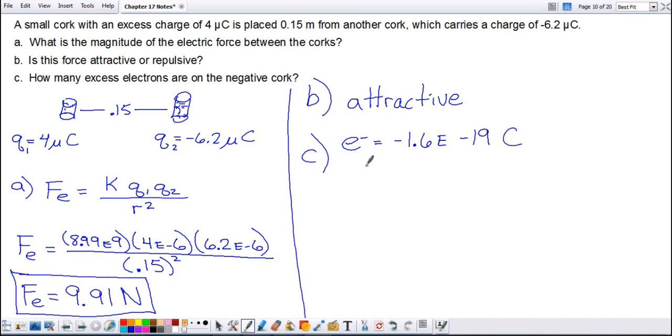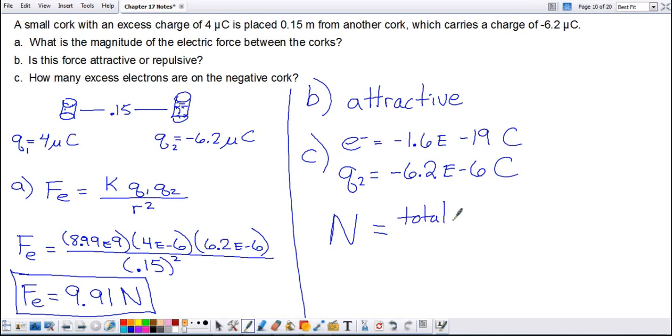We also know that our charge 2 has a magnitude of negative 6.2 times 10 to the negative 6 coulombs. Okay, remember micro, 10 to the negative 6. I want to know how many there are. Well, if we let n be the number of electrons, if we take the total and divide by how much charge each one has, we're going to get that number.